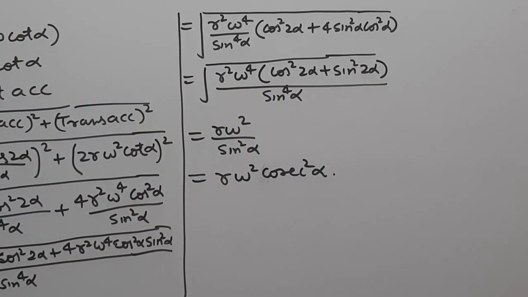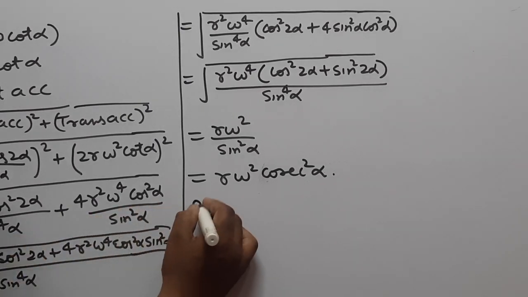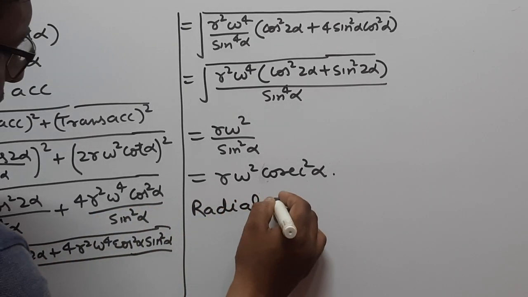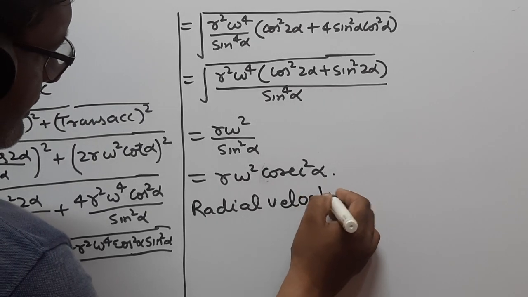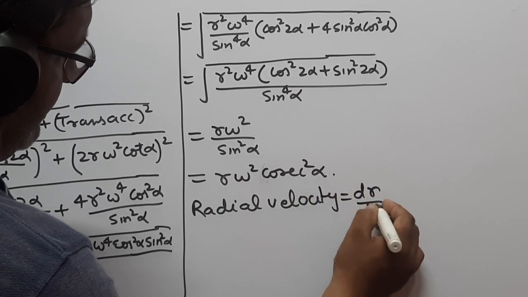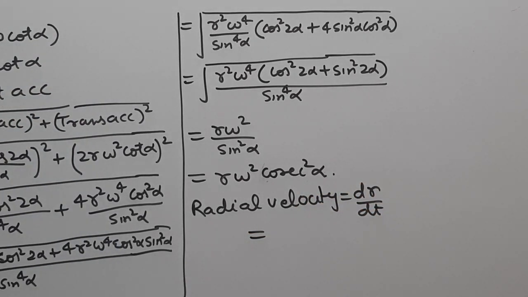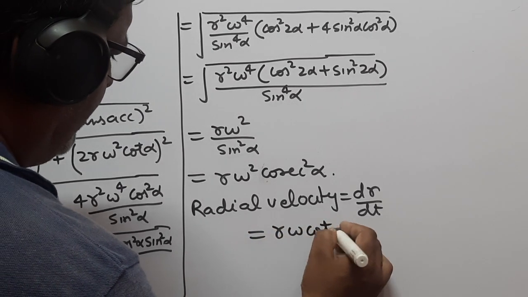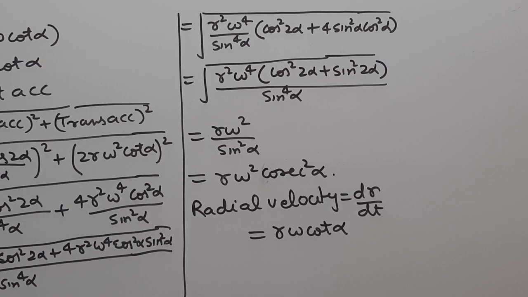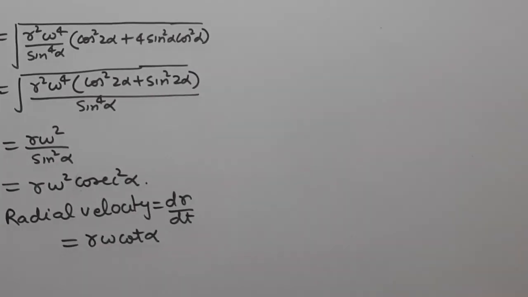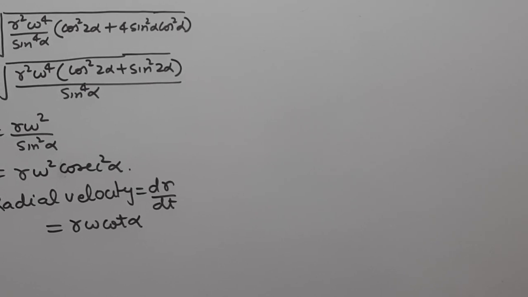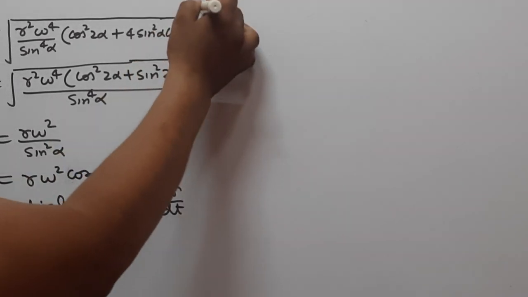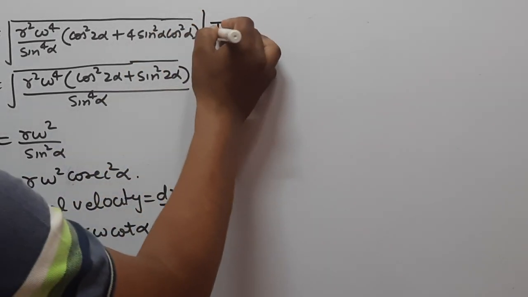Now we find the radial velocity. We know that radial velocity is dr upon dt, and dr upon dt is equal to r ω cot α. So the radial velocity is r ω cot α. Now we find the transverse velocity.